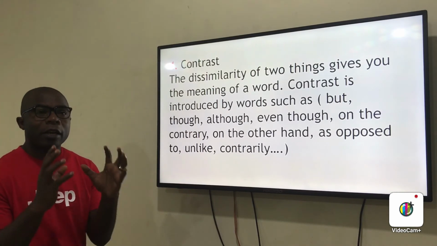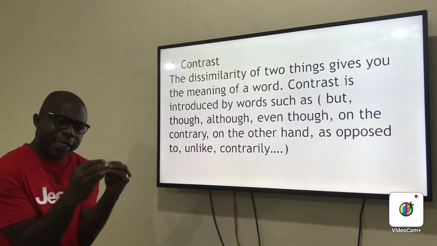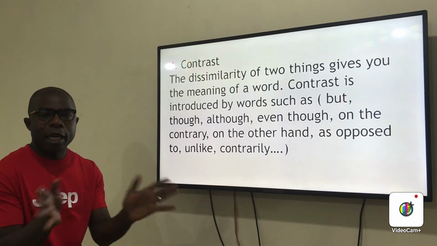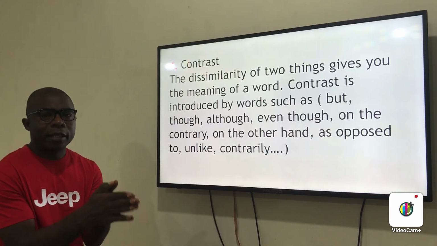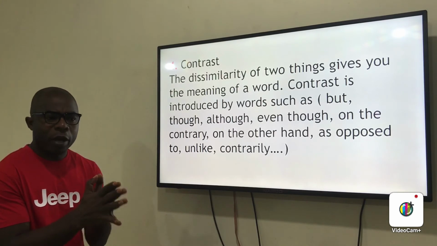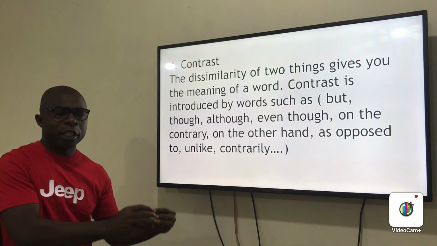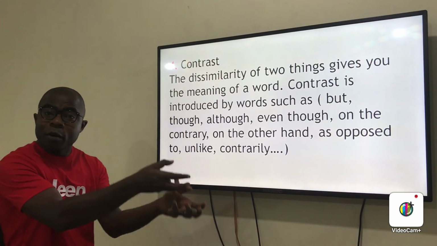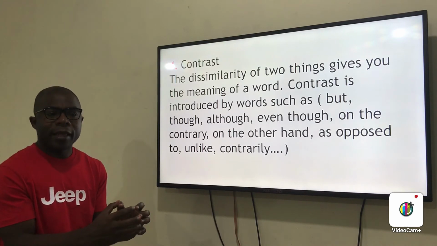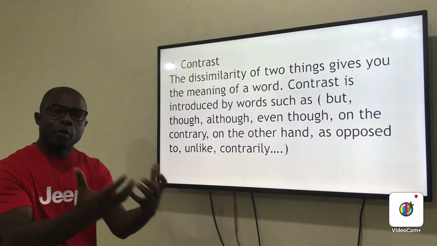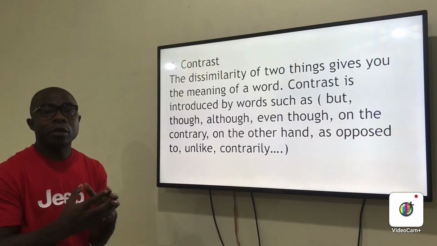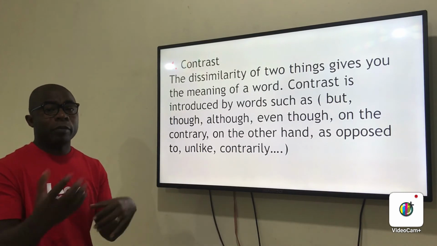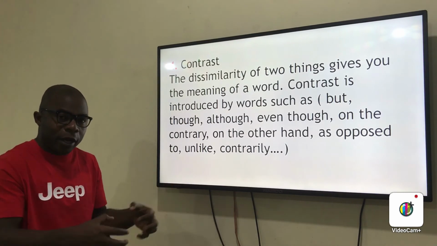We have seen that context is very important in determining the meaning of a word or an expression. No doubt about that. And we've established there are two main types of context. We have the endophoric context, which refers to the immediate words surrounding a particular word or expression. And speakers, as well as writers, sometimes use words that can help us at least guess the meaning of a word or an expression.